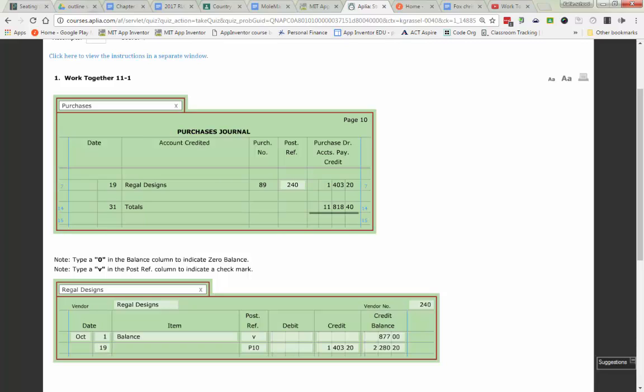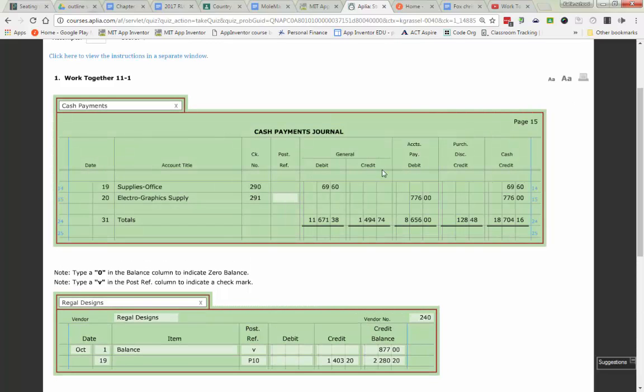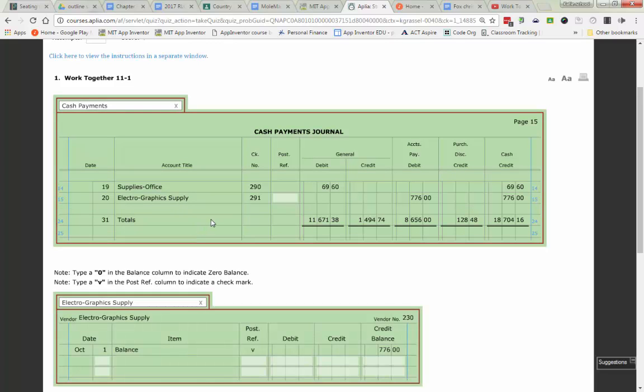Instruction number 3 tells me that I'm going to post the accounts payable debit entry line 15 of my cash payments journal to the accounts payable electrographic supply. Again, when I look here, I'm like, okay, the only thing I can post really is line 15. So I'm going to switch down here and I'm going to open up electrographic supply.